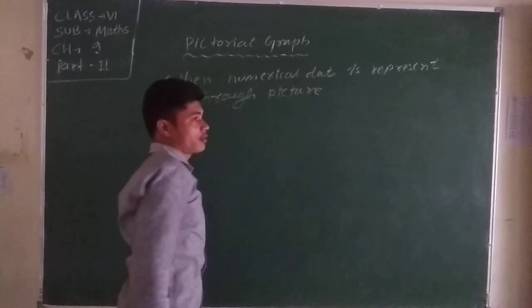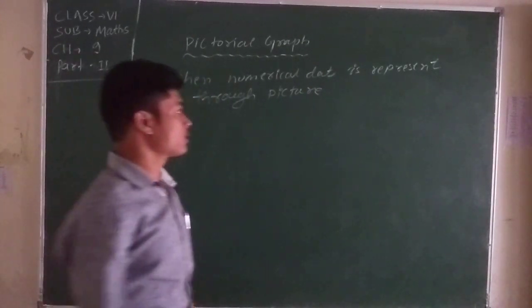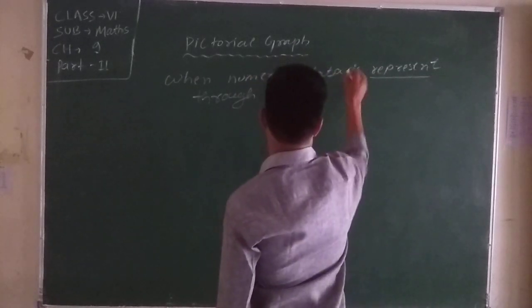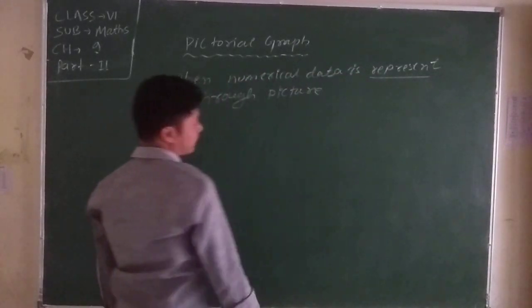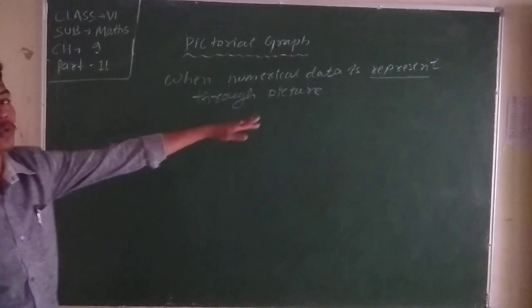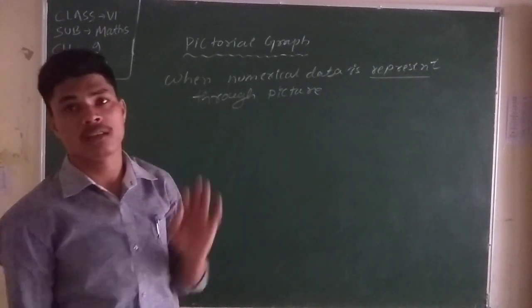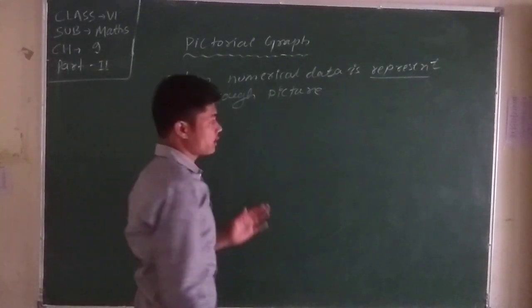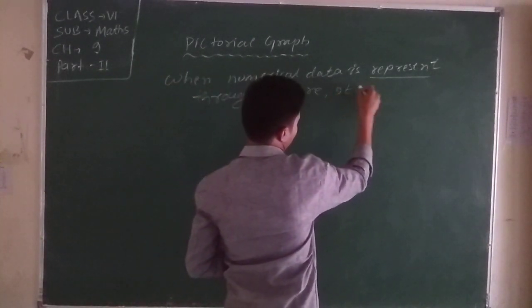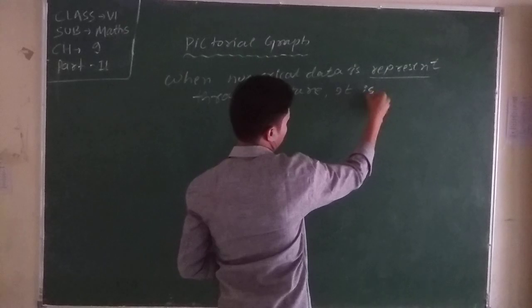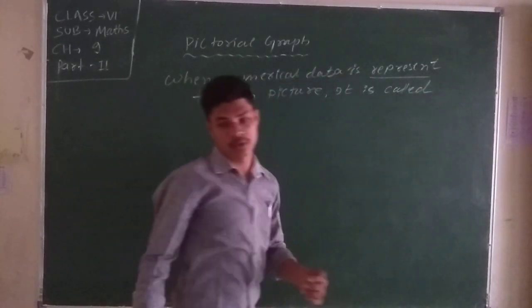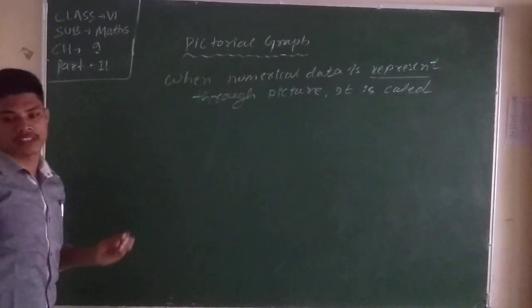When numerical data is represented through pictures, it's called what? Pictorial graph. It is called pictorial representation of data.